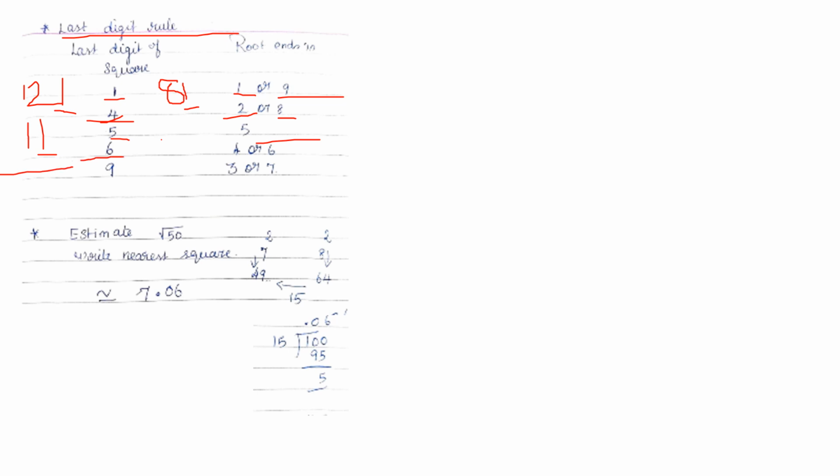So if the square ends in 6, the root ends in 4, because 4 squared is 16. That is, the square root of 16 is 4. The square root of 36 is 6. The square root of 9 is 3 and the square root of 49 is 7.